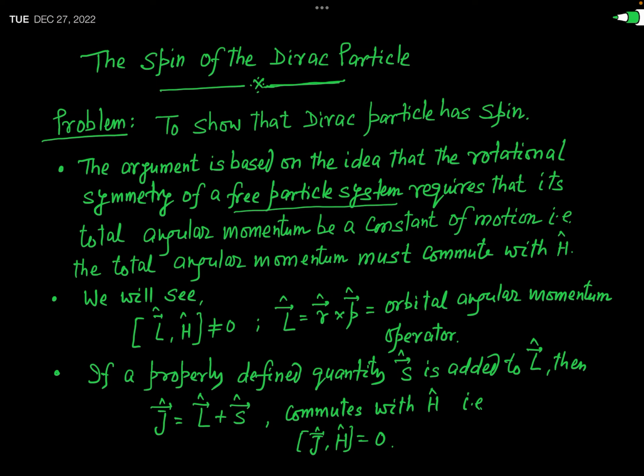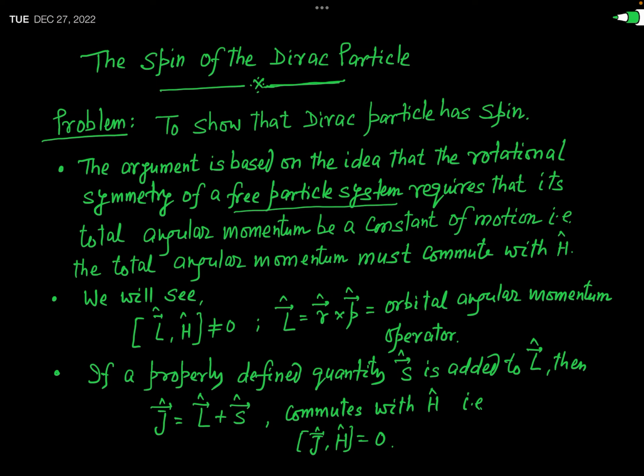In other words, if a particle is moving in a central force field, the angular momentum in that condition remains conserved, and we simply say that the angular momentum is a constant of motion. So when you say that the Dirac particle has a spin, this idea is based on the fact that the free particle system requires that its total angular momentum must be a constant of motion.